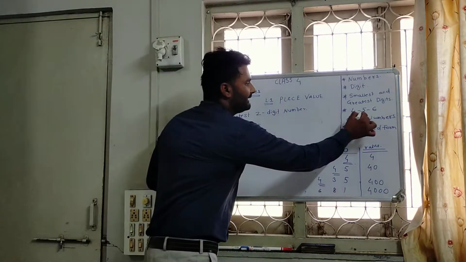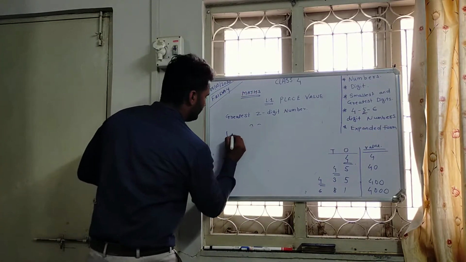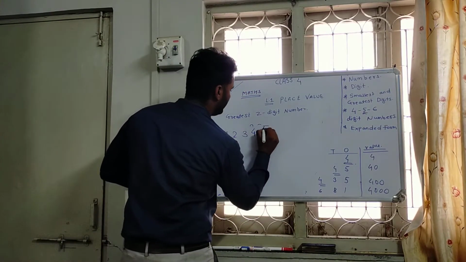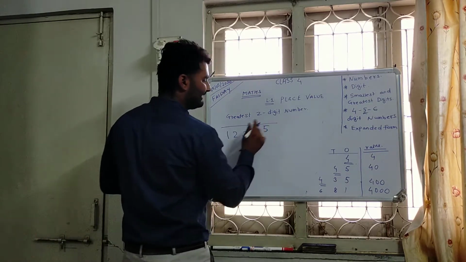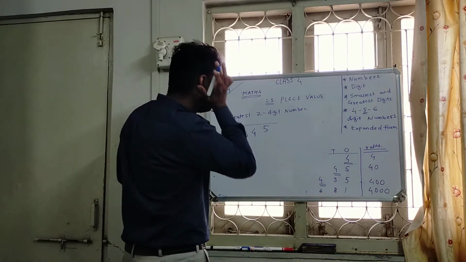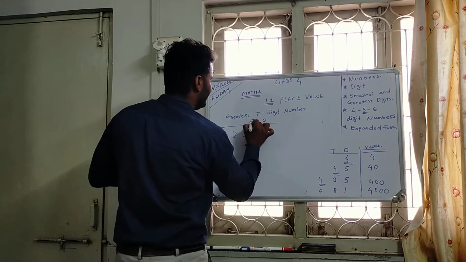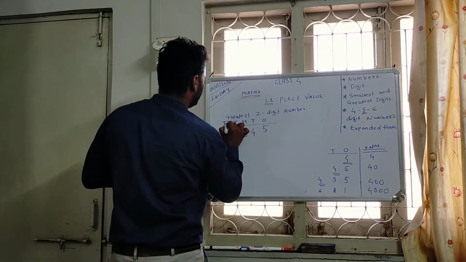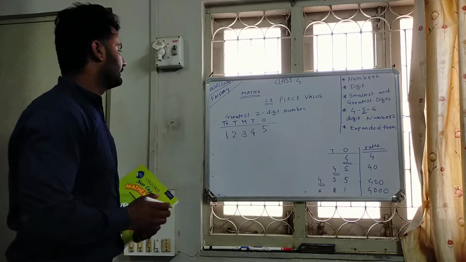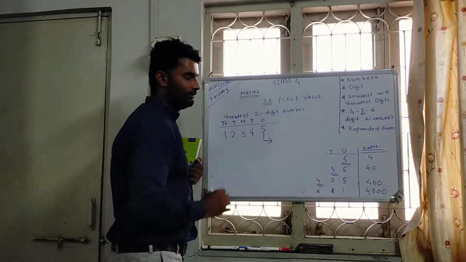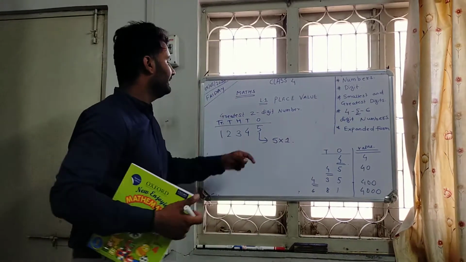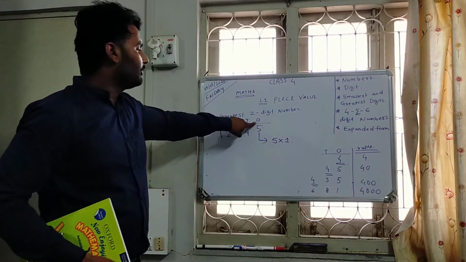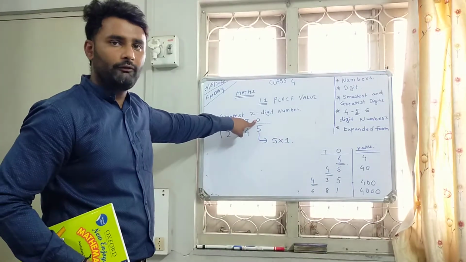Okay, so we took a 5-digit number here, 1, 2, 3, 4, 5. Right above it are the place value chart values: ones, tens, 100, 1000, 10,000. Okay, so what is this? 5. 5 means 5 into 1. That means in which column is 5? In the column of 1.